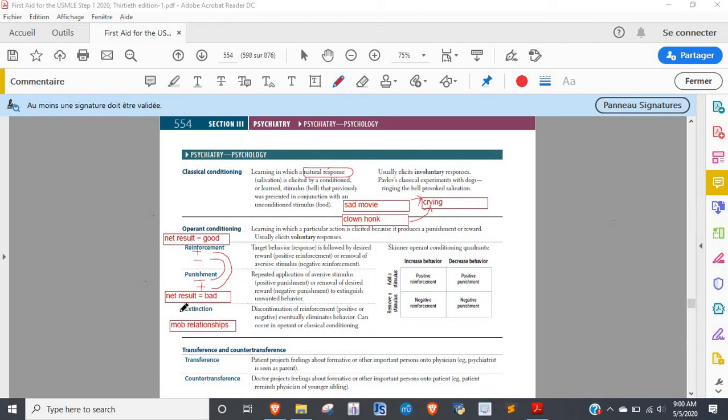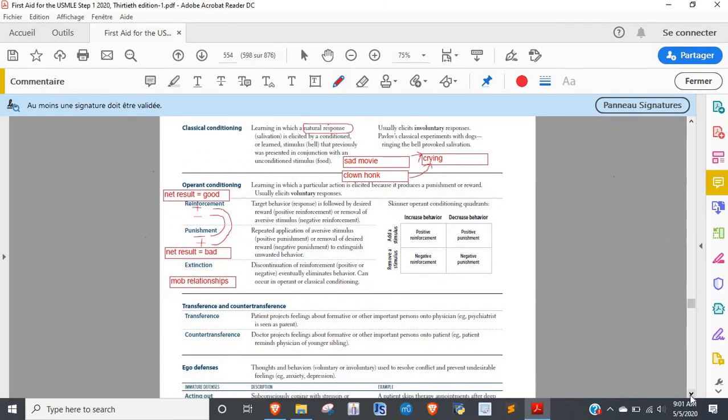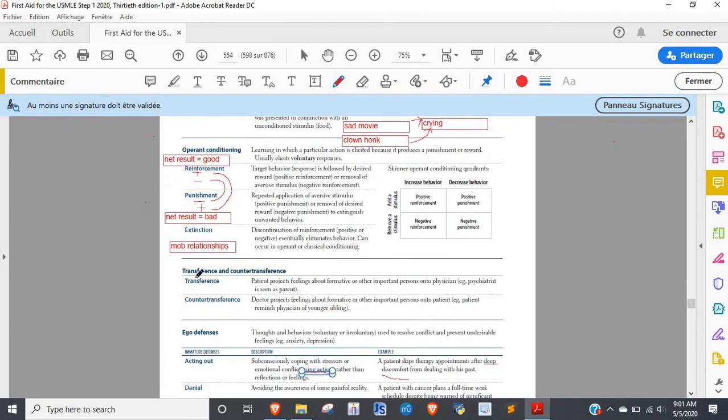All right, transference and countertransference. Again, straightforward. I like how you can remember transference versus countertransference, and that countertransference is obviously a condition of transference.